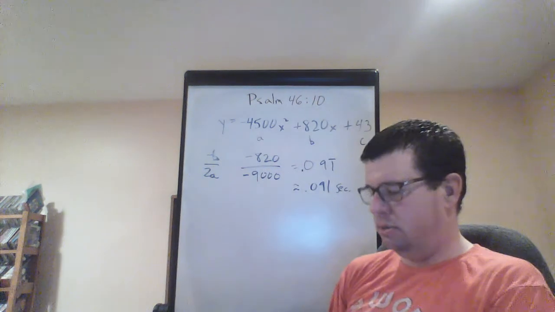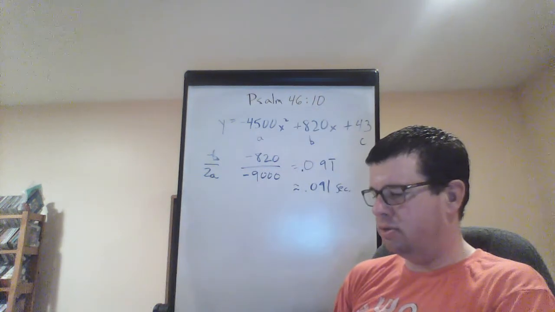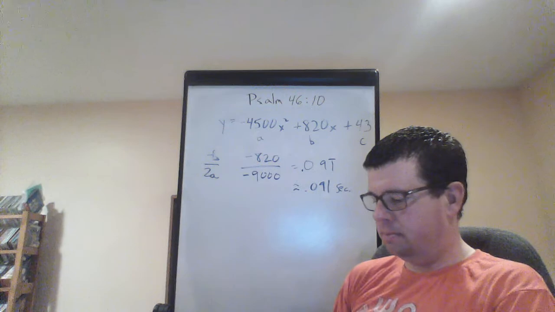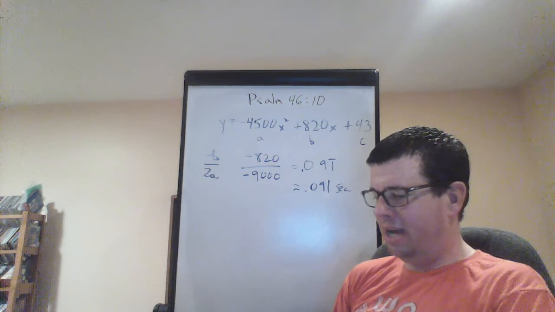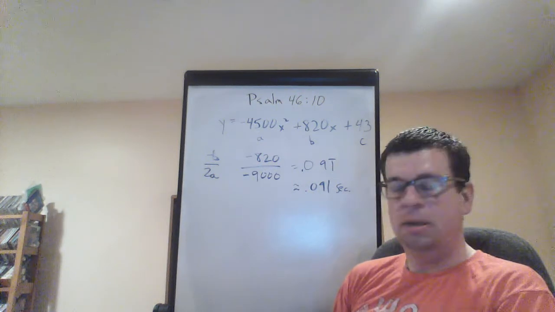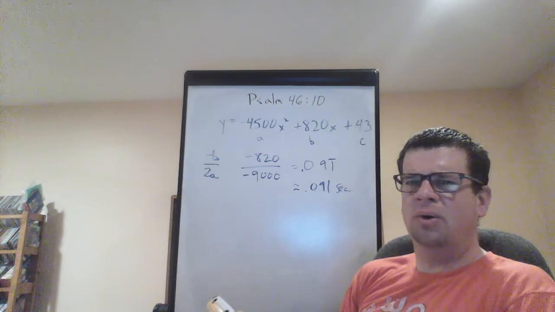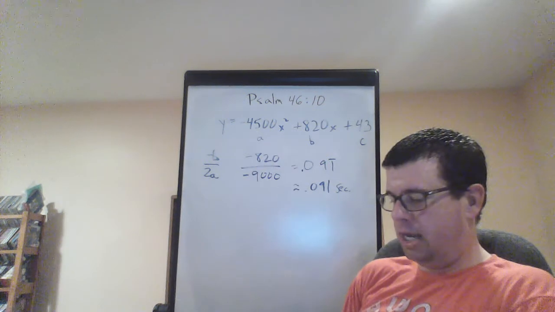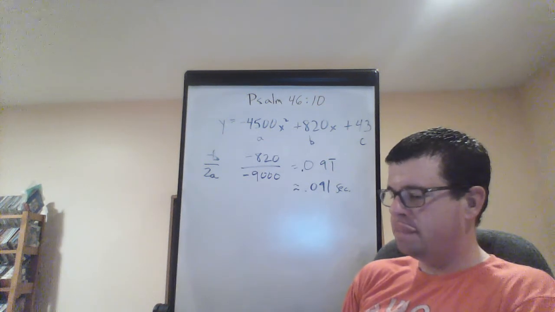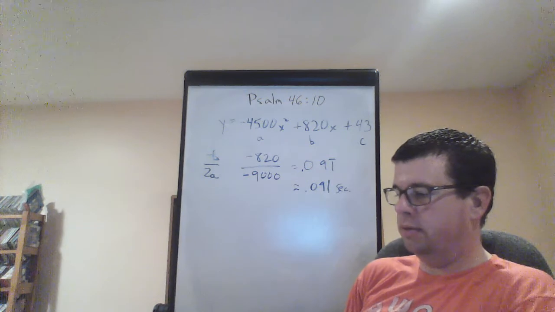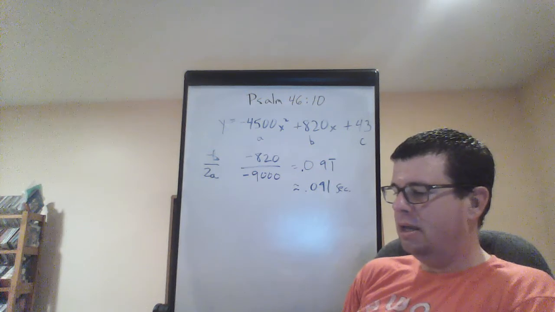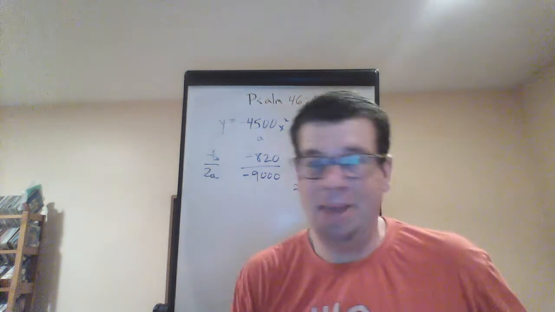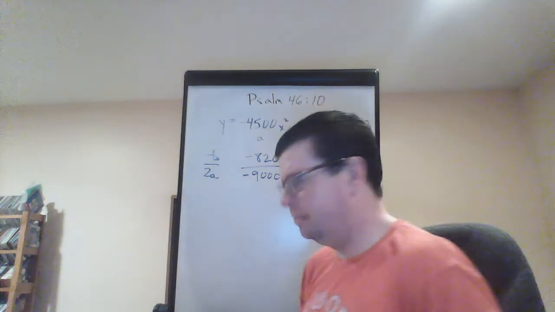So I'm going to do negative 4,500 times 0.091 squared. Make sure you do that order of operations. Make sure you square that first. Plus 820 times 91 thousandths, plus 43. When I put that in there, I get about 80.